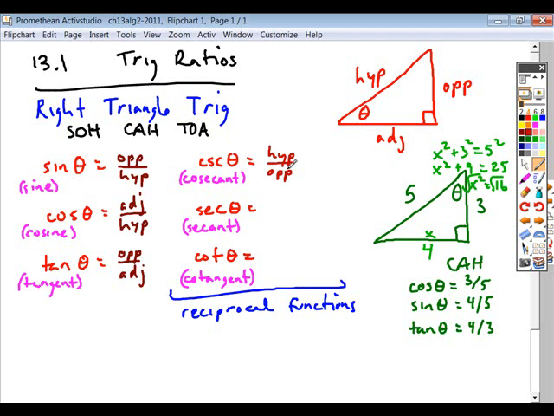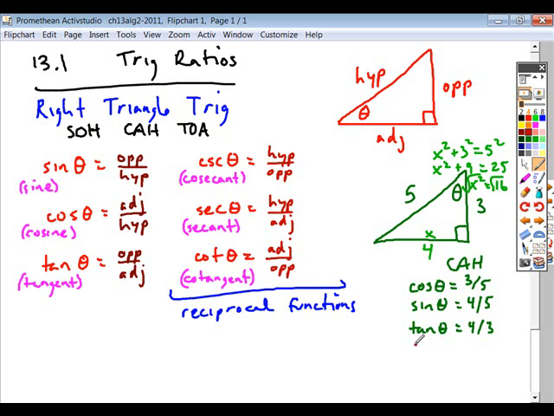For the secant, instead of the cosine's adjacent over hypotenuse, we flip it: hypotenuse over adjacent. And for the cotangent, instead of the tangent's opposite over adjacent, we flip those: adjacent over opposite.